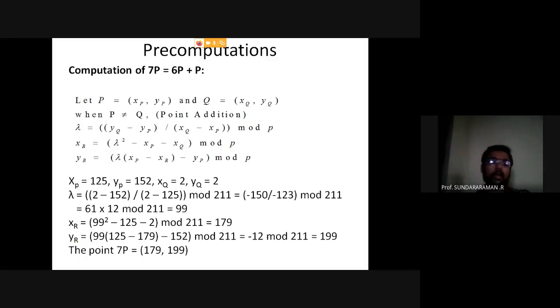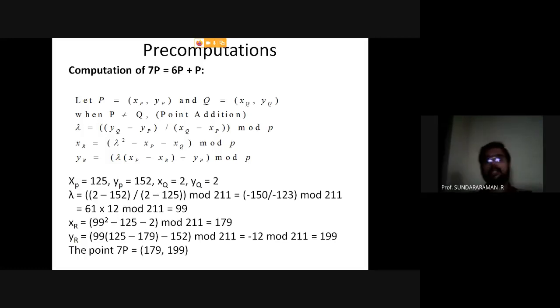The XR is used for calculation of YR, which gives me the value minus 12 mod 211, that is equal to 199. So the point generated for 7P is 179, 199. I use the 7P for the initialization step, which is the first step during the multiplication process after the completion of pre-computation. So you first store 2P, 4P, 6P and 7P in a lookup table.